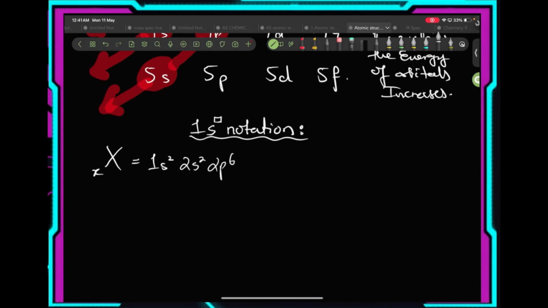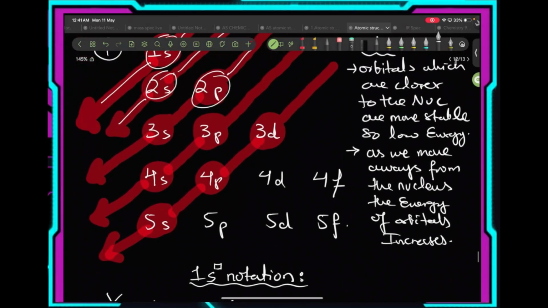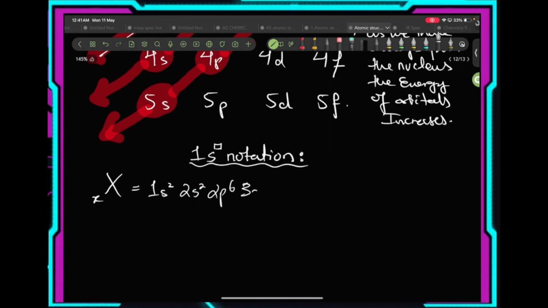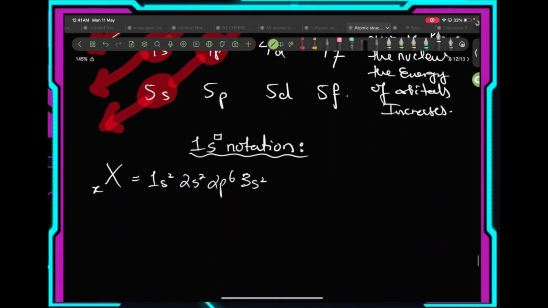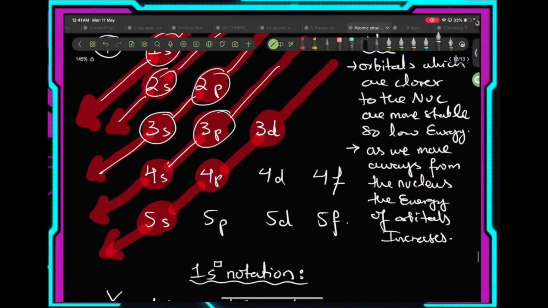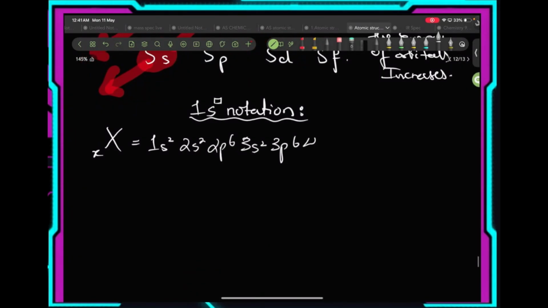Now I'm assuming that it has an infinite number of electrons, so we can use all of these orbitals right now. So after 2p, you move on to 3s. So it will be 3s2. Then after 3s, you move on to 3p. So it would be 3p6. And then you move on to 4s. It would be 4s2.